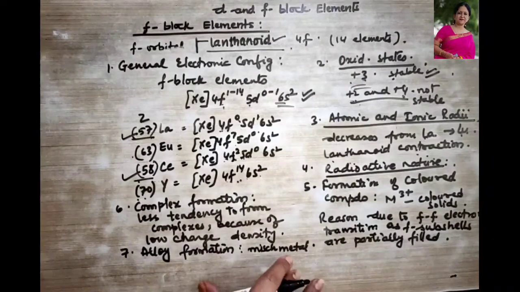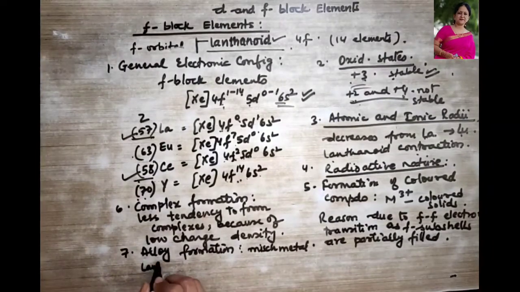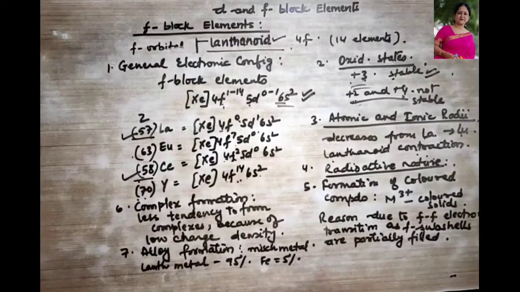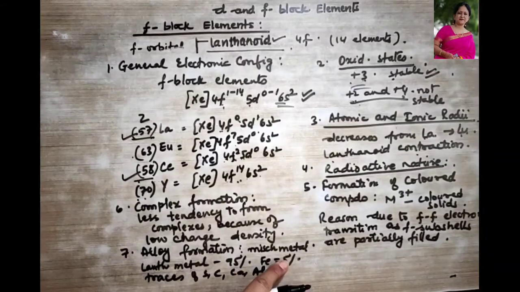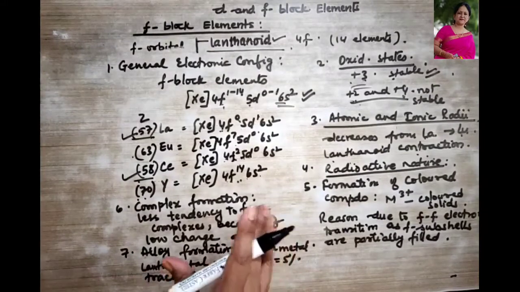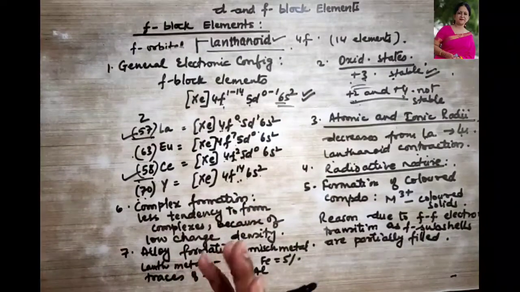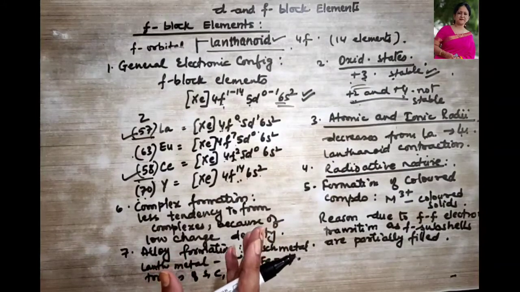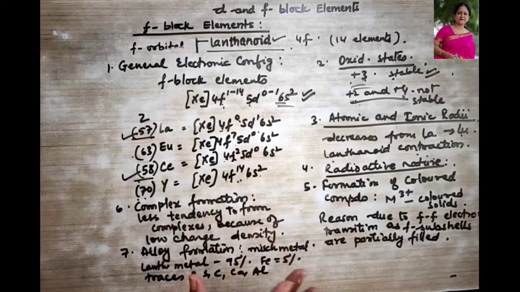It has lanthanoid metal 95% present over here and iron 5%, with traces of sulfur, carbon, calcium, aluminium also present, and this is used in the production of bullets and shells and lighter flints. The mixed oxides of lanthanides are also used as catalysts in petroleum cracking.